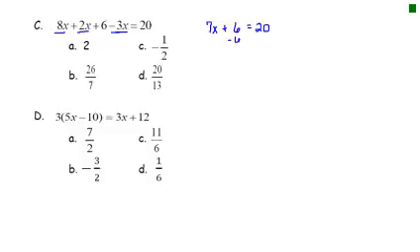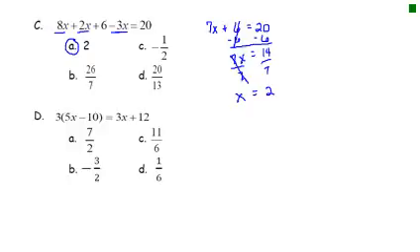Subtract 6 on both sides. And that leaves me with 7x equals 14. Divide by 7. And x equals 2. So that gives us A for letter C.